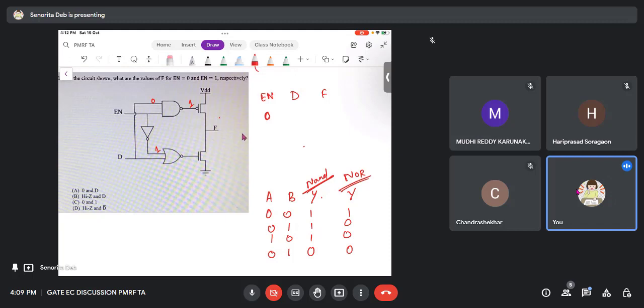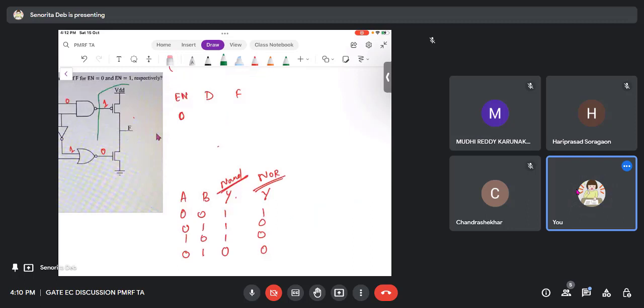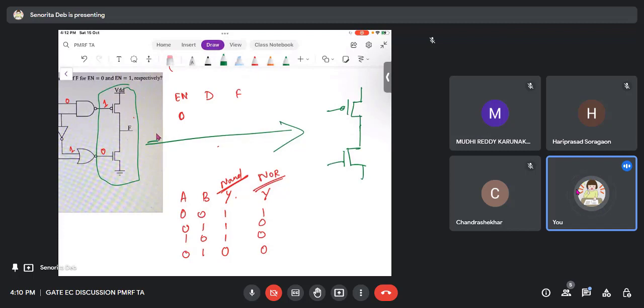So if any one of the input is 1, the output is always 0. So now this is basically our inverter. If you see this part, this is nothing but an inverter, right? So you are basically biasing it through a digital logic. That is what we are doing.